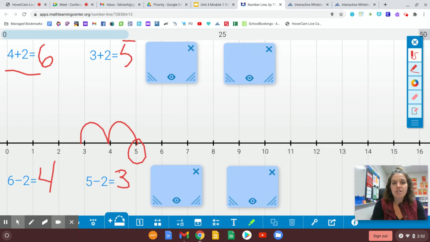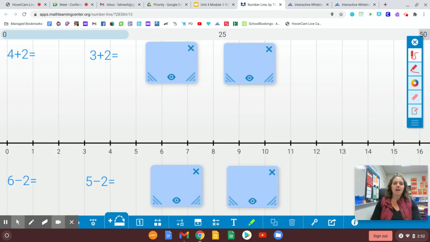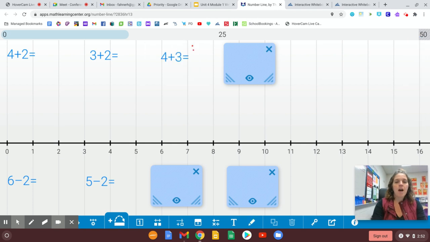All right, let's do just a few more, and I'm going to give you time to kind of practice it on this board here too. So let's see if you can get the correct answer. Four plus 3.